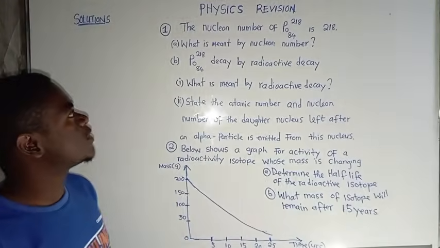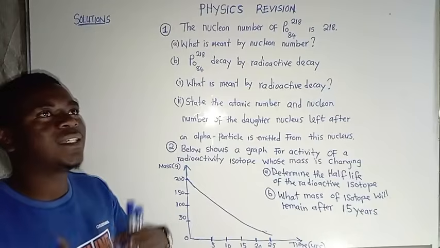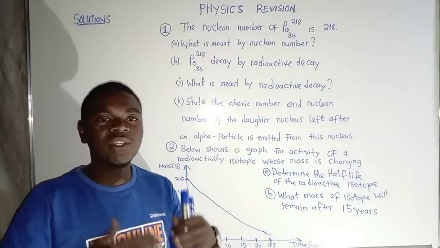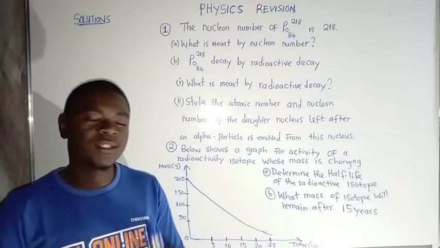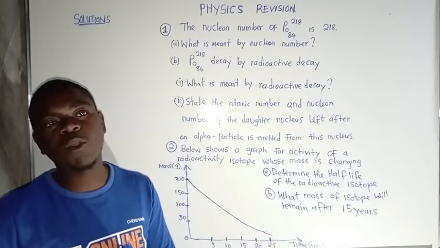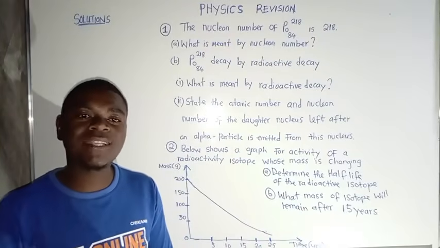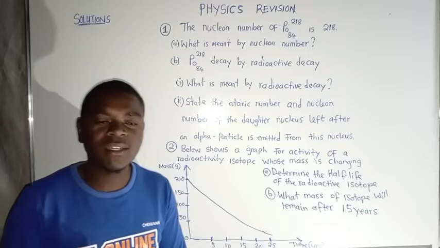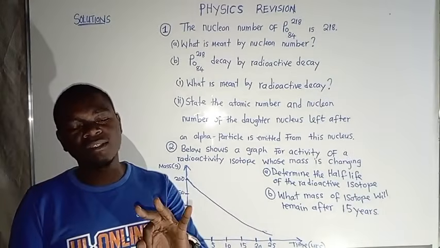Each time we get to talk of radioactivity in an exam or when you are studying, you need to know that radioactivity is a spontaneous breakdown of any unstable nuclei emitting three important things.